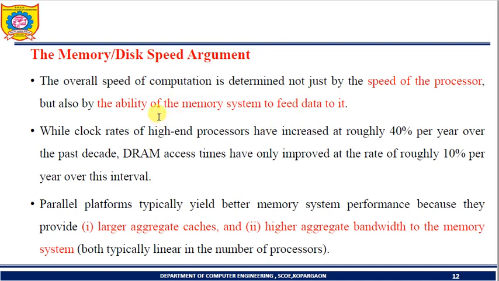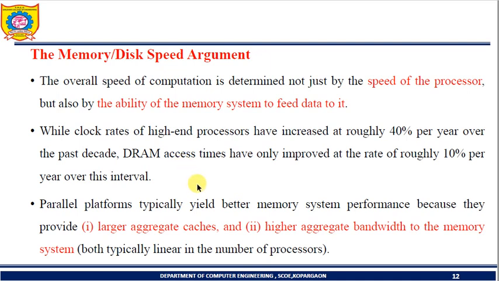While the clock rate of high-end processors has increased at roughly 40% per year over the past decade, DRAM access times have only improved at the rate of roughly 10% per year over this interval. So from this statement, you can easily get the idea that the processing capability is increasing roughly 40% per year over the last decade, but the memory access time is not increasing with that much speed.